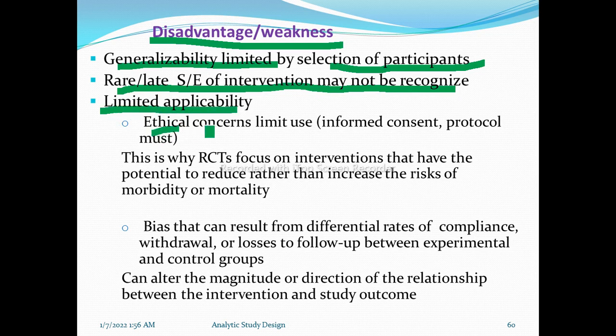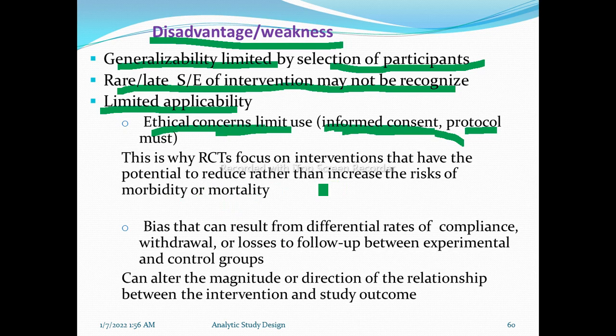Mostly, ethical concern limits its application, because there is huge ethical concern, and in addition there are so many obligatory steps, like taking informed consent from all individuals, and writing a protocol is a must. This is why randomized controlled trials focus on interventions that have the potential to reduce rather than increase the risk of morbidity and mortality.